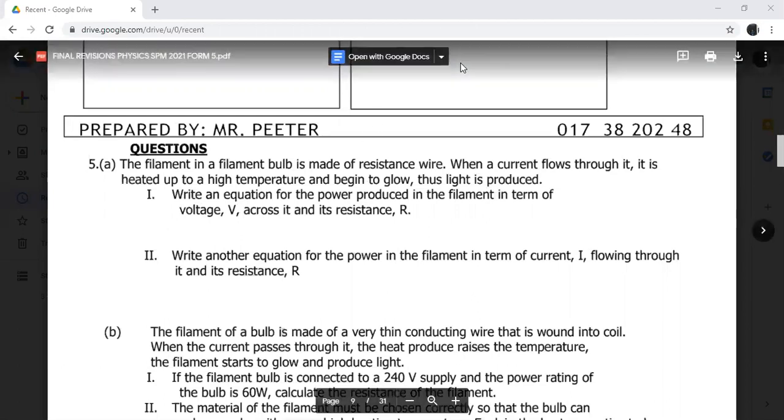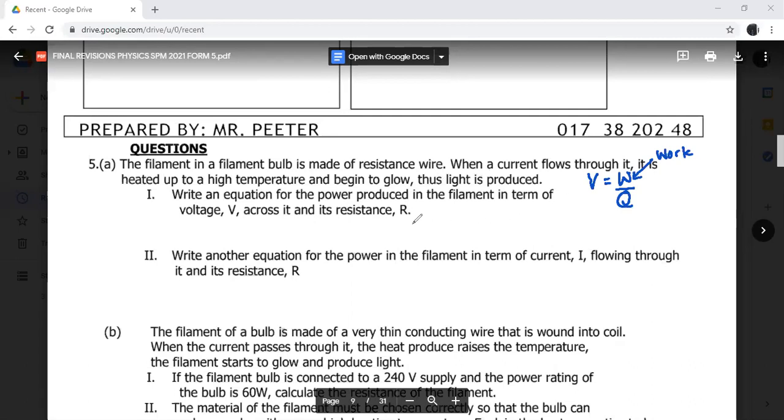We know that potential difference is the amount of work done to transfer per coulomb of charge from one point to another. So this is the work done. Power is the amount of work done over time, but you have to give the formula in terms of voltage and resistance.